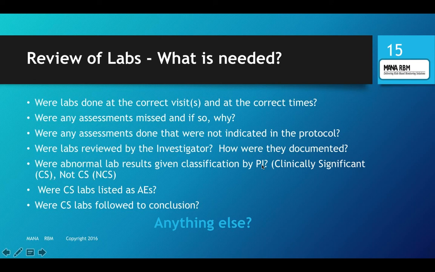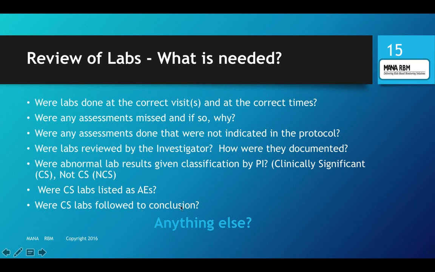And were abnormal lab results given a classification by the PI? So any abnormal lab should be determined to be either clinically significant or not clinically significant. And then any clinically significant labs that were deemed clinically significant by the PI should be entered as an AE. So this is why you need to check all these things.